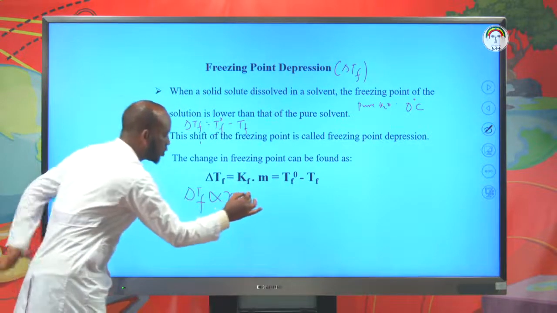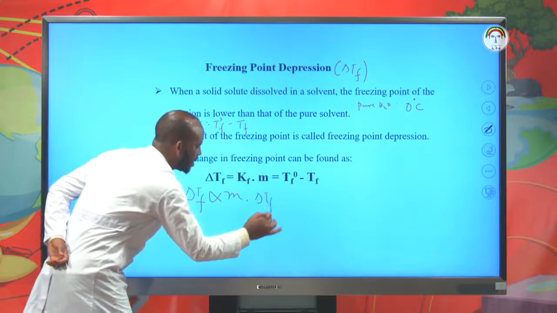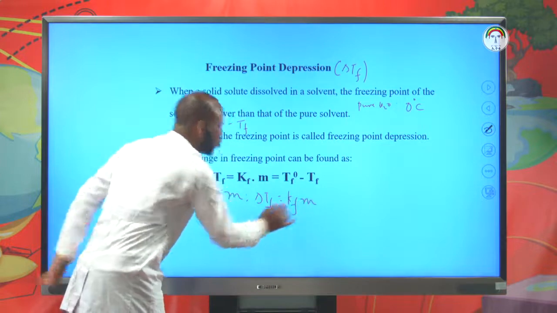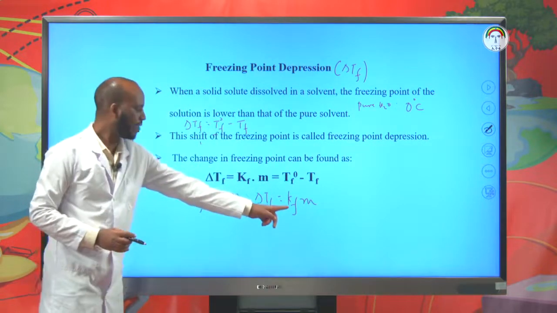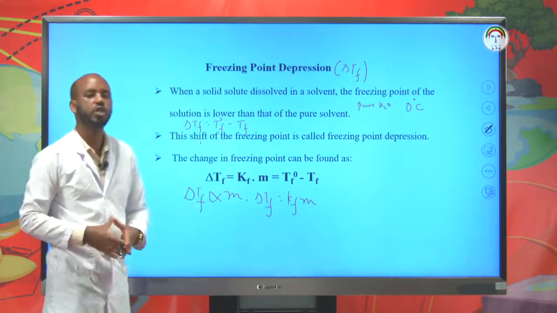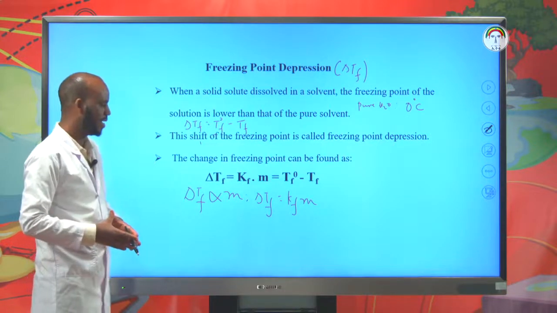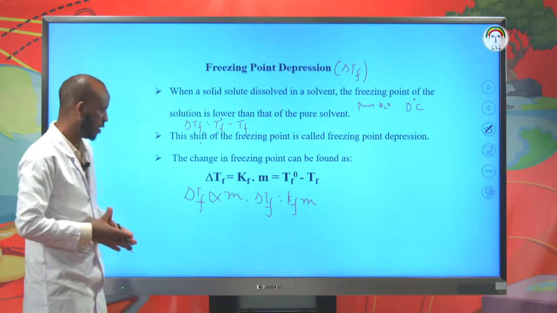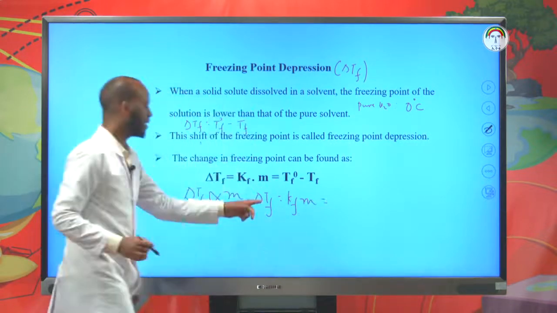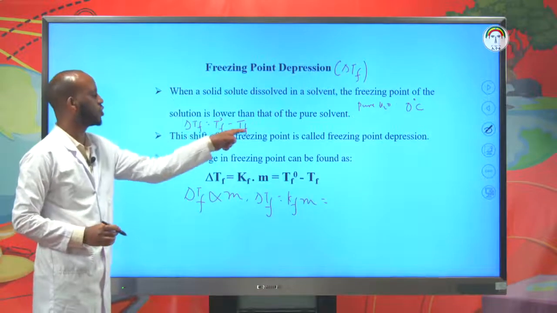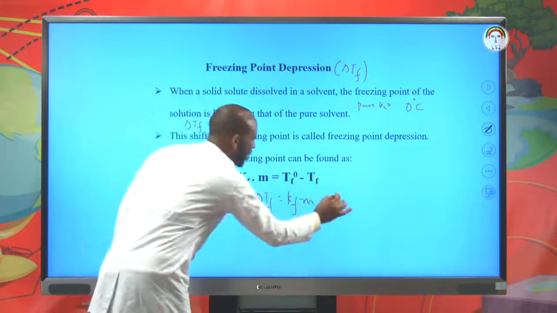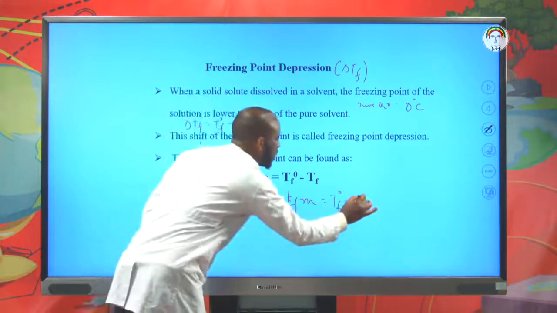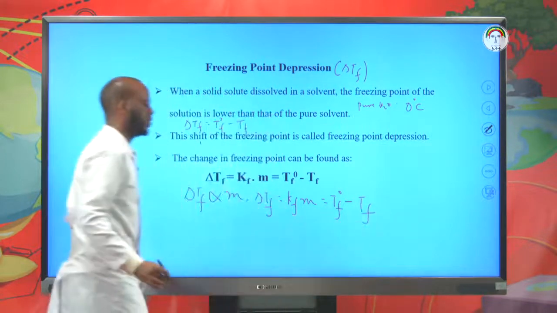Therefore, we can write delta Tf equals Kf times molality of the solution, where Kf is freezing point depression constant, m is molality of the solution, and delta Tf equals T naught F minus Tf: T naught F is freezing point of pure solvent minus freezing point of the solution.